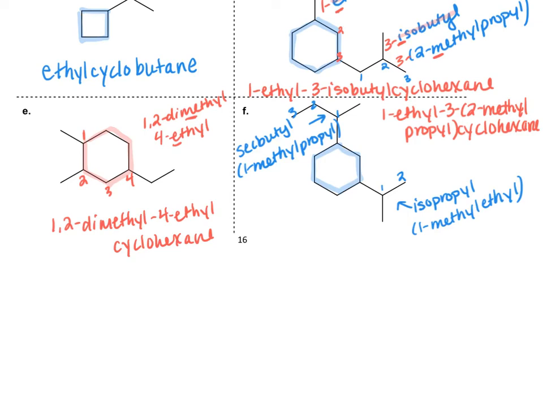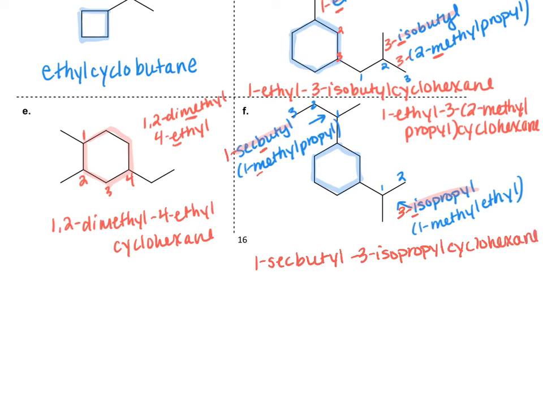So let's put it all together. So let's use these top names first. So we alphabetize according to B in sec-butyl, I in isopropyl. It's one of those weird exceptions. So our sec-butyl is going to be number 1. Our isopropyl is going to be number 3. So we get 1-sec-butyl, 3-isopropyl, and our parent chain will be cyclohexane.